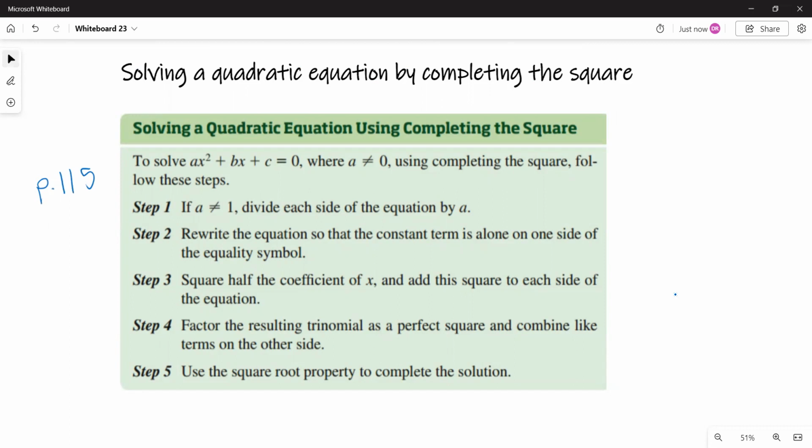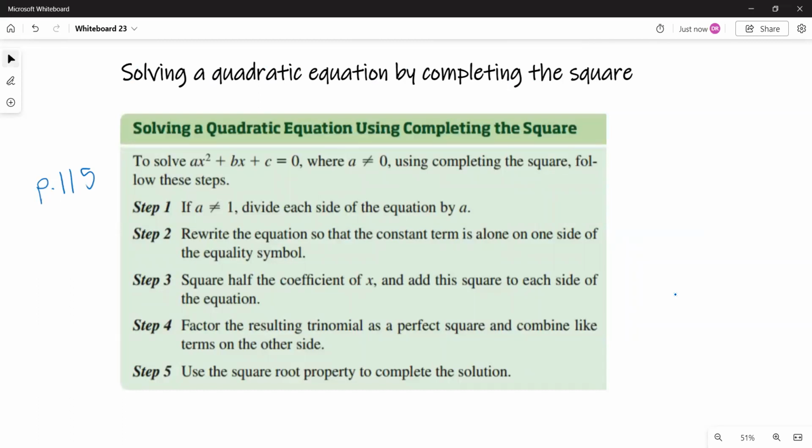If a does not equal 1, divide each side of the equation by a. Second step, rewrite the equation so that the constant is alone on one side of the equality symbol. So we're going to have the terms with x on one side and the constant on the other side.